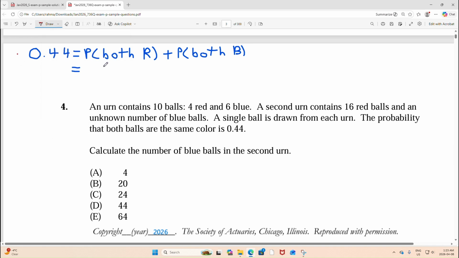So if we just look at the probability that both are red, the first urn is red with probability 4 over the total number of balls in the first urn, which is 4 plus 6 or 10.